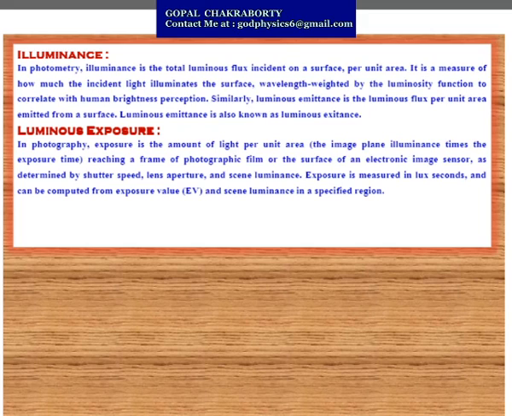Next one is luminous exposure. In photography, exposure is the amount of light per unit area, the image plane illuminance times the exposure time, reaching a frame of photographic film or the surface of an electronic image sensor, as determined by shutter speed, lens aperture and scene luminance.